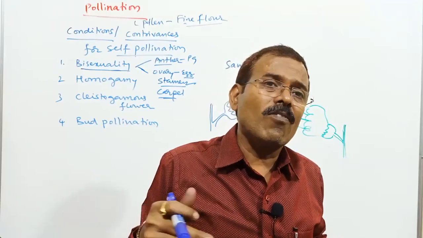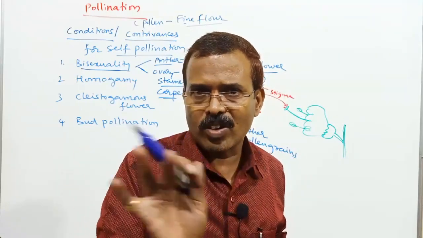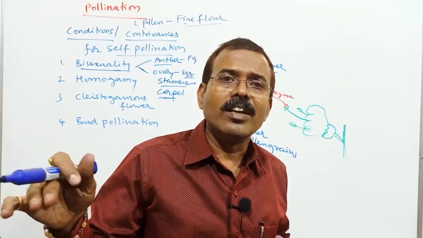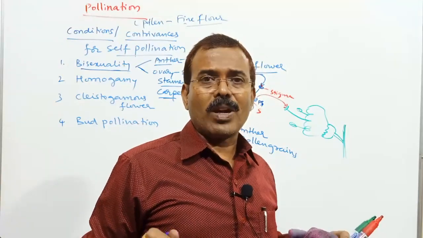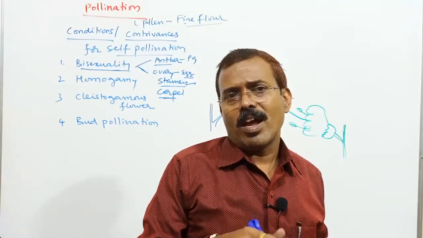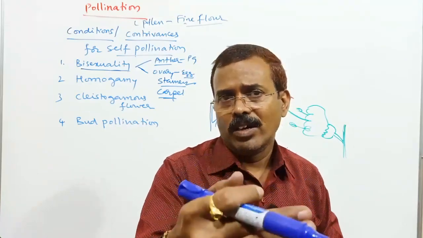If the flowers are unisexual, there is no chance of self-pollination. There is every possibility of cross-pollination. So the presence of the stamen and the carpel in a single flower can favor self-pollination.